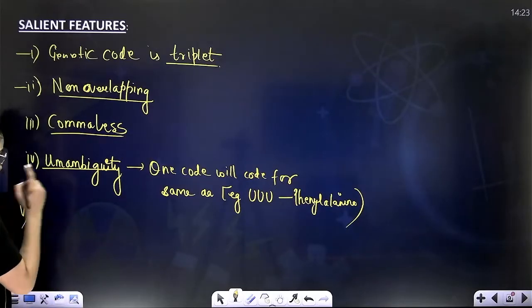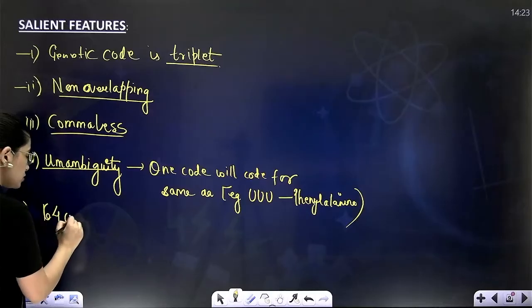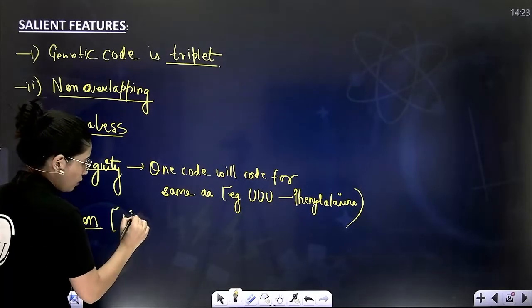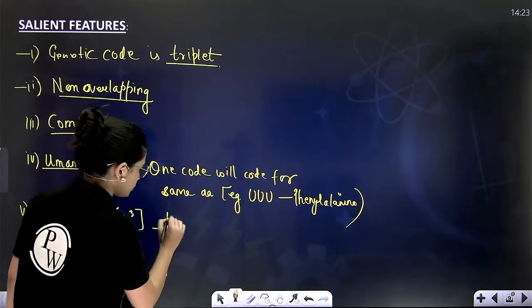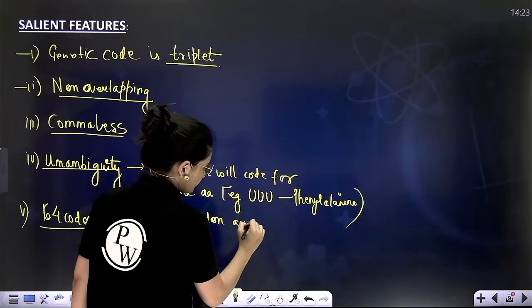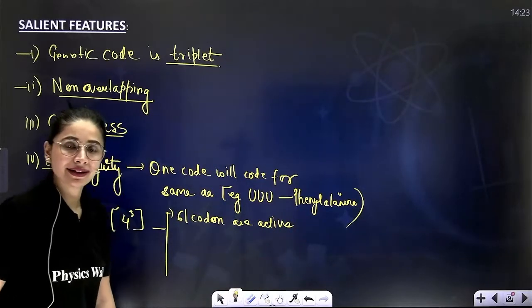Next point. See, how many total codons are there? Total codons possible is 64. Why? Because our genetic code is triplet. Right? Out of 64 codons, 61 codons are active, which can help in the coding of amino acid. Why?